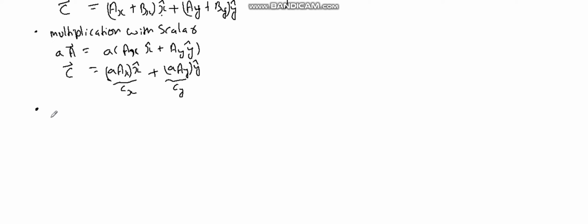The third operation that we did with our vectors was the dot product. Let's first take the general a dot b.